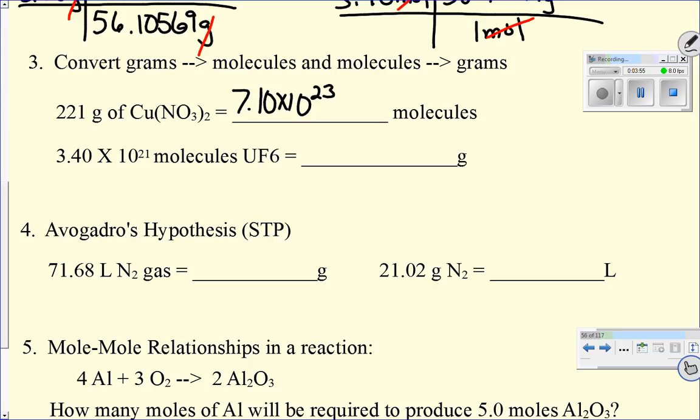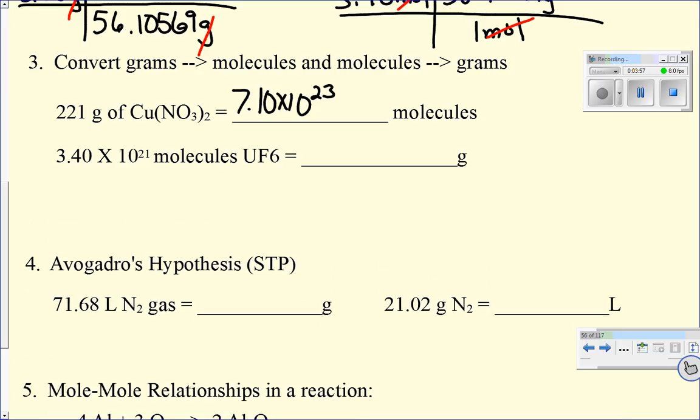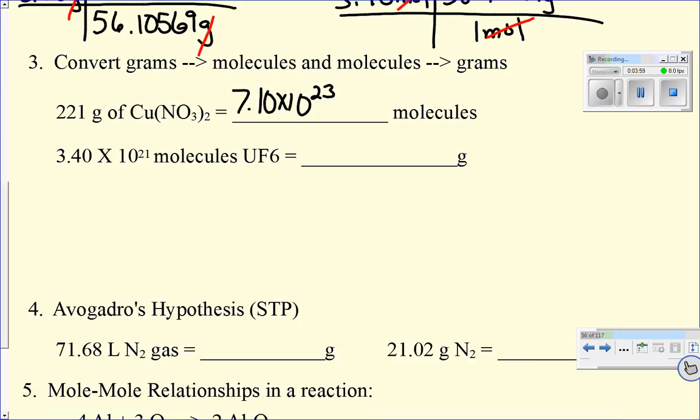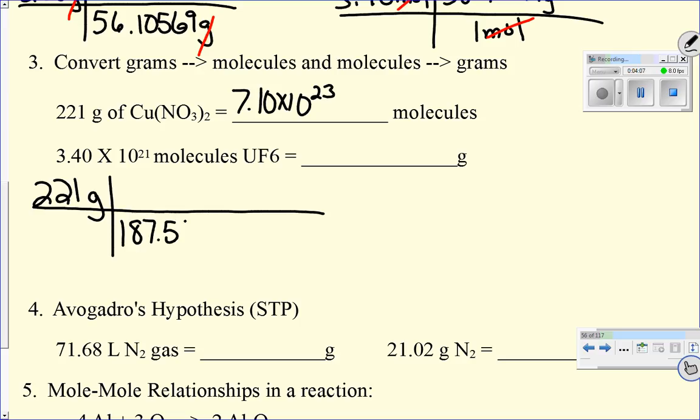In order to calculate this one, I'm just going to move this down a little bit. You start with your 221 grams, and there are 187.558 grams in 1 mole. So that allows me to first get rid of my grams. My 187.558 is the GFM for copper nitrate.